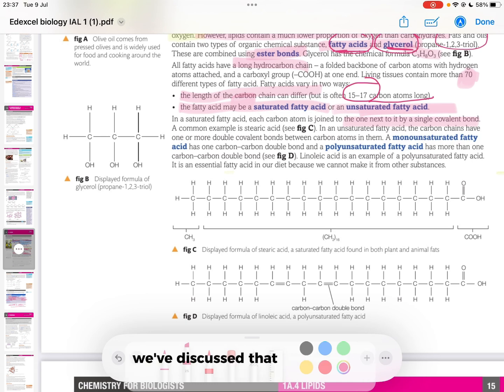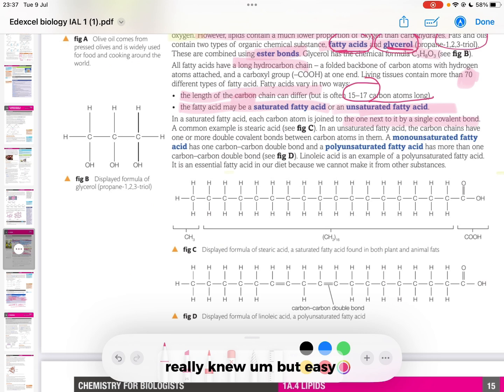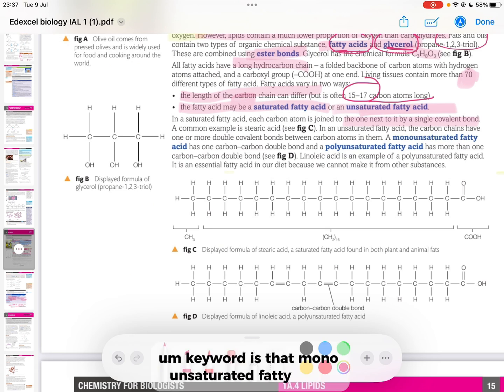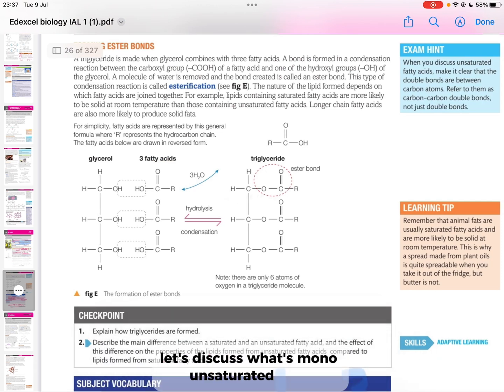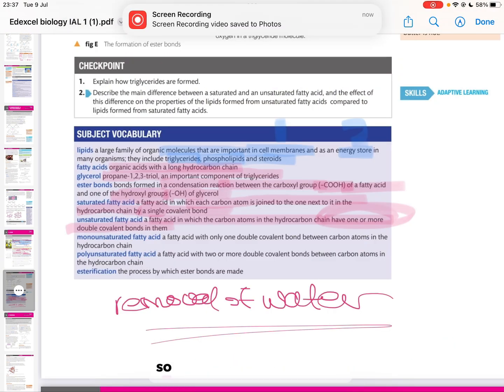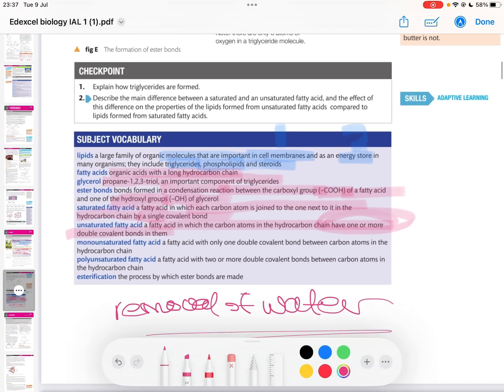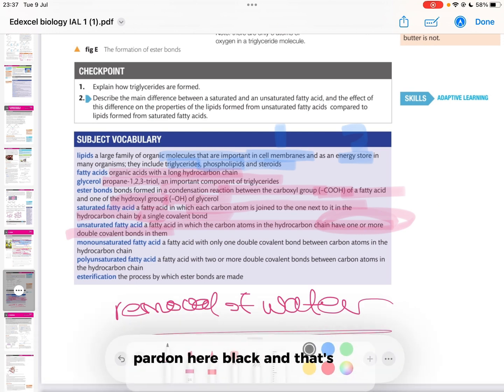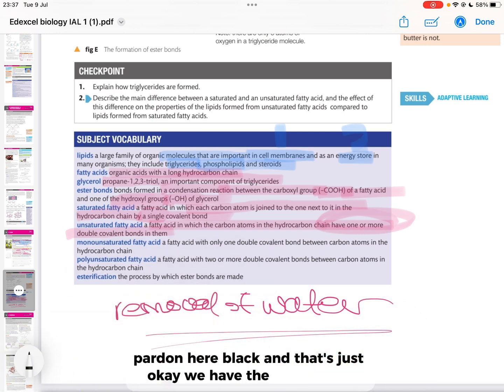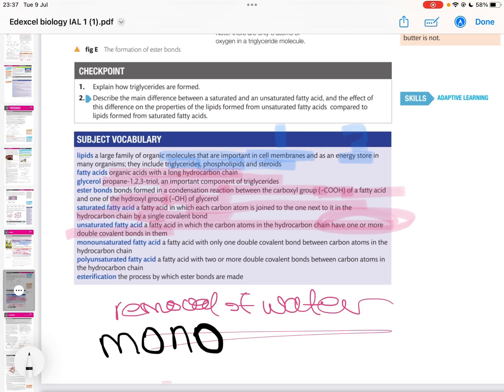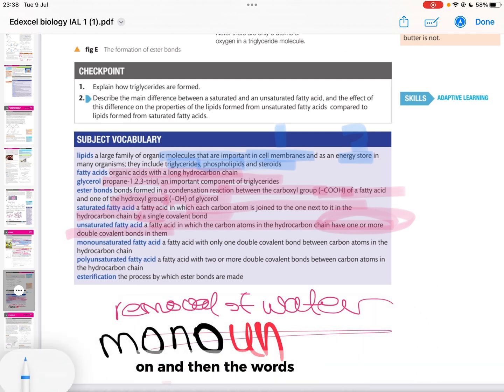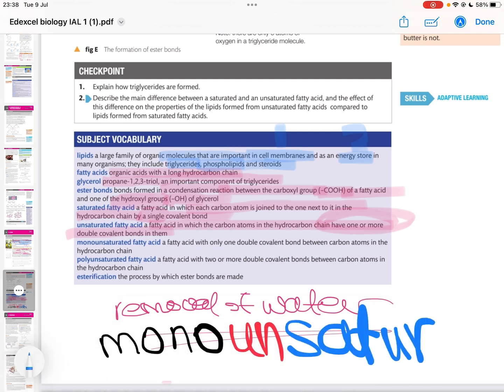We've discussed that. Now, a really new but easy keyword is monounsaturated fatty acids. Let's discuss what monounsaturated is. We have the word mono, and we have the word un, and then the word saturated.